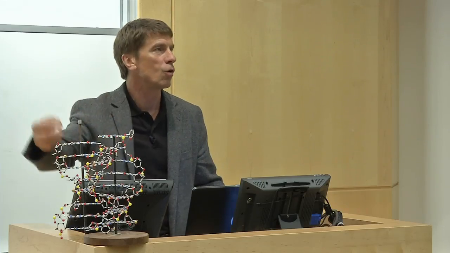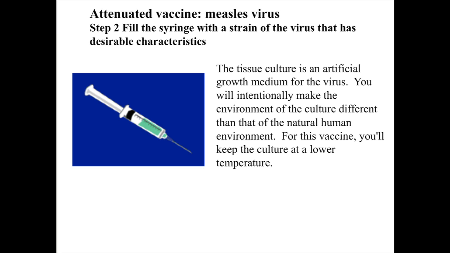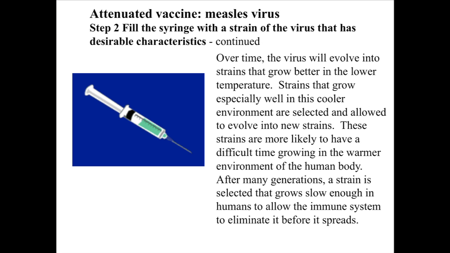And you could select for that by routine culture over and over, sort of like an accelerated evolution step on a cultured strain of virus. So with this artificial culture, growing in an artificial growth medium for the virus, you could intentionally make that environment different and use that for a vaccine. Over time, the virus will evolve into strains that grow better at this lower temperature, and that would be the basis of that attenuated virus.